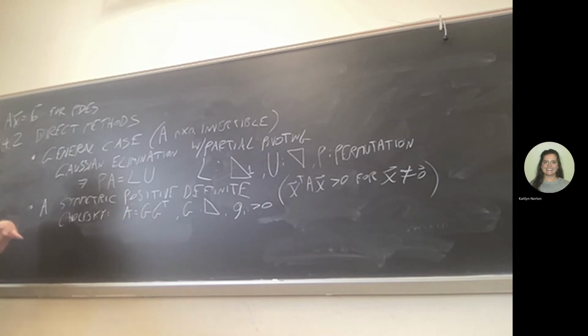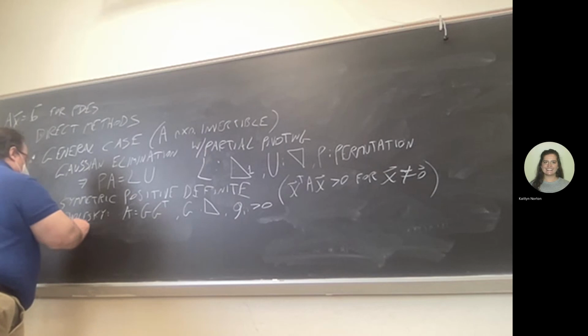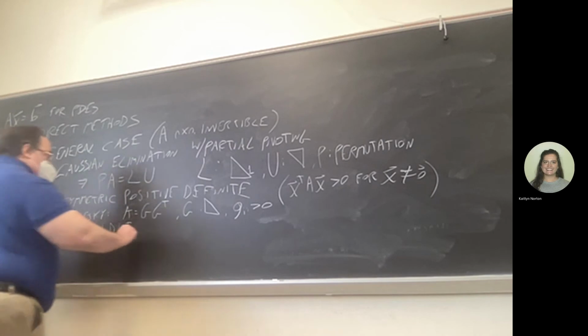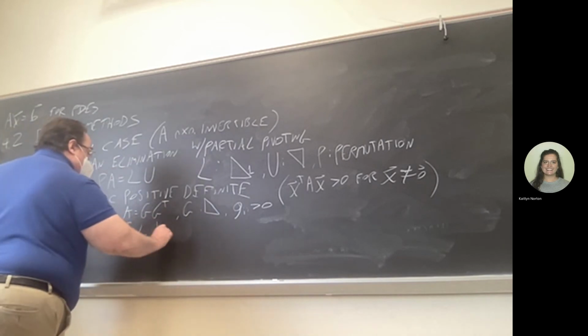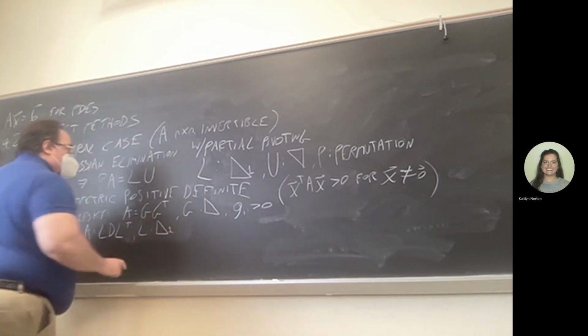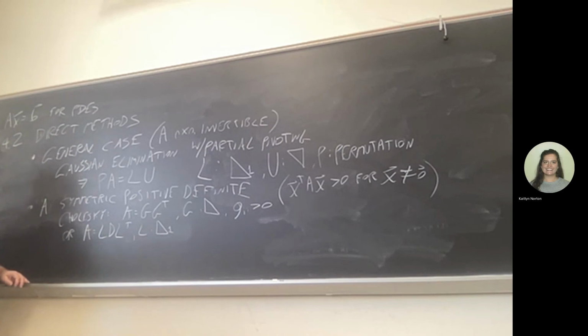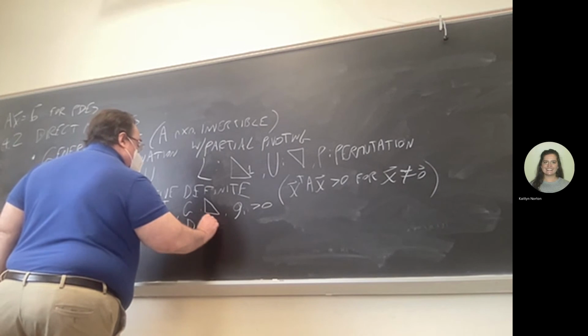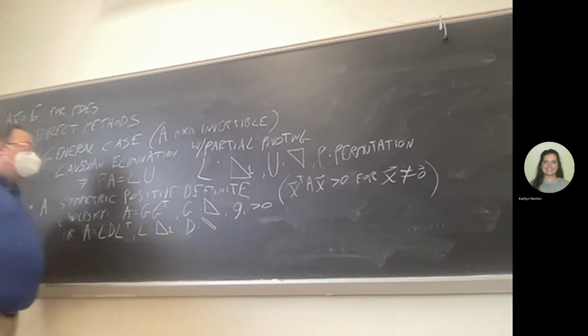There's one other closely related factorization. It's the LDLT, or LDL transpose, where L is unit lower triangular. In fact, it literally is the L from the LU decomposition. And then D is, this is my shorthand for a diagonal matrix.